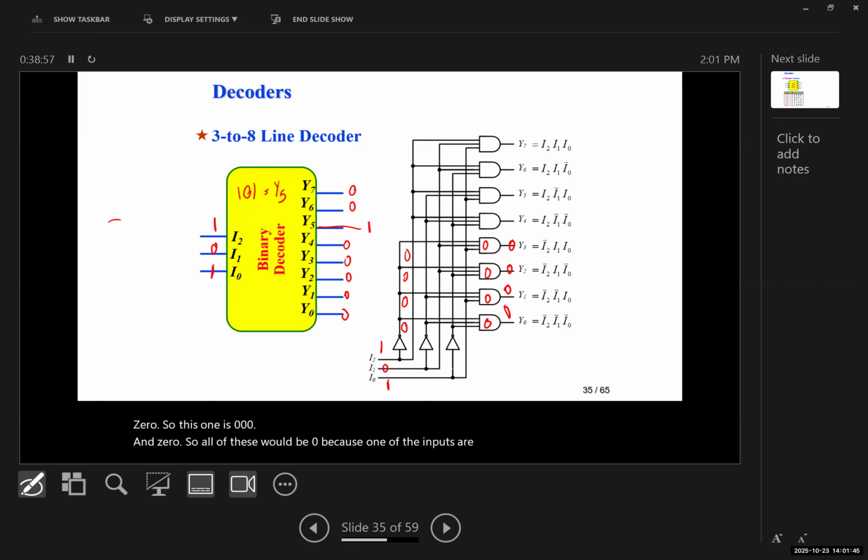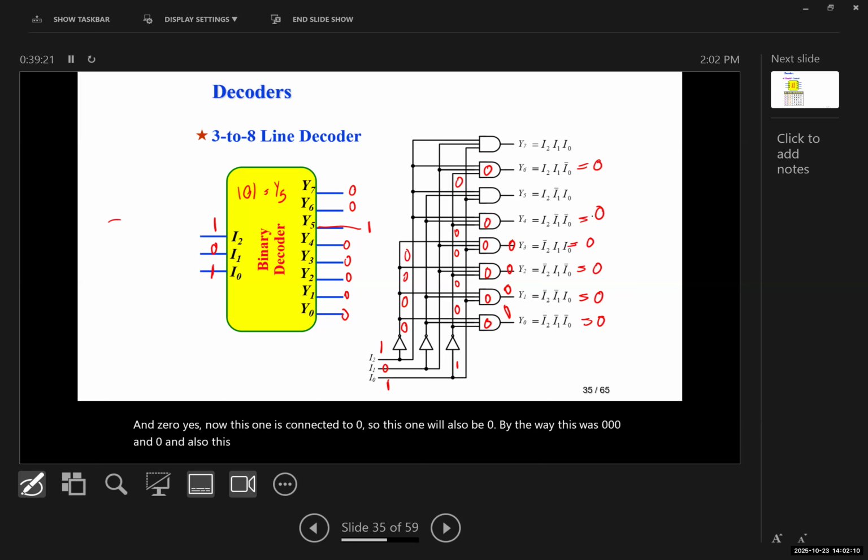And the same thing for I0 as well. This is 1, so this would be 0. Now, this one is connected to 0, so this one will also be 0. And also this one, Y4, is also 0.